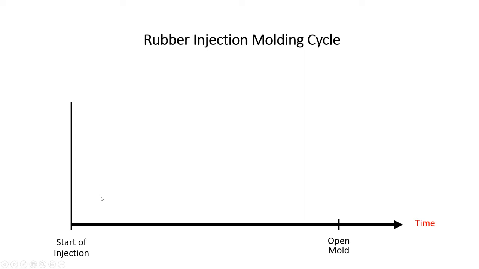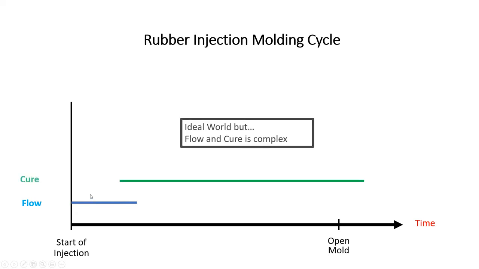But now let's add to this complication and look at rubber injection molding. This is conceptual, but now think of that flow of material through the flow path, through the screw and barrel, the nozzle, the runners, and into the cavity. Think about the cure.